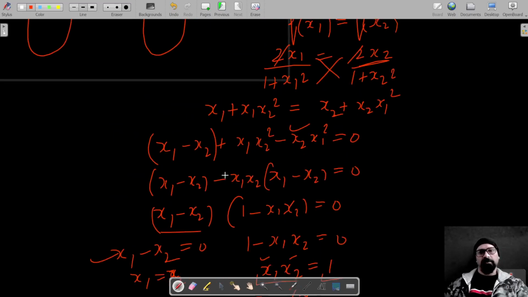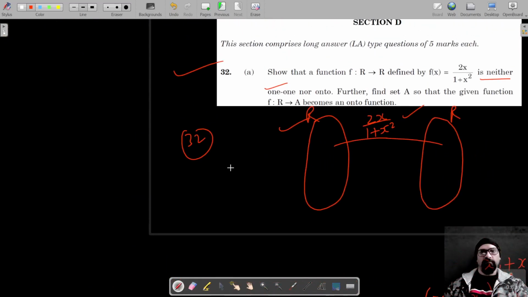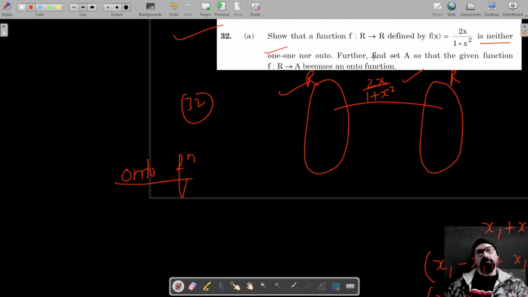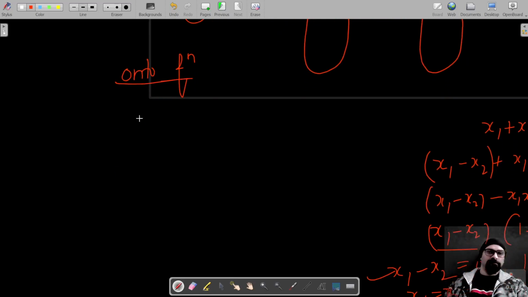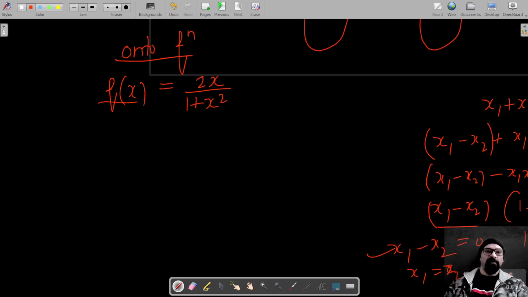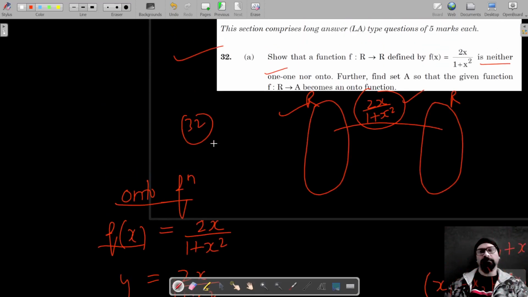Now let's check its eligibility for onto function. For onto function, every y should have an x according to this relation. So our function is f of x is equal to 2x upon 1 plus x squared. f of x means this is y, so y is equal to 2x upon 1 plus x squared.